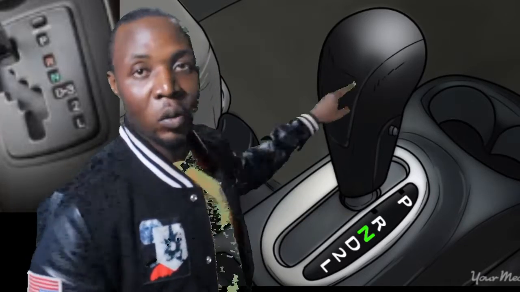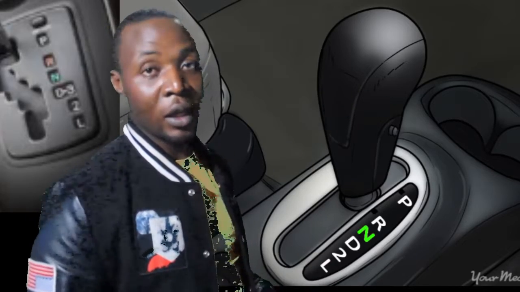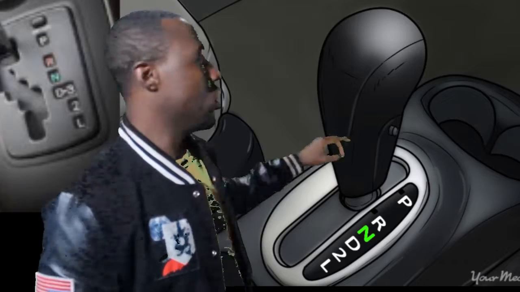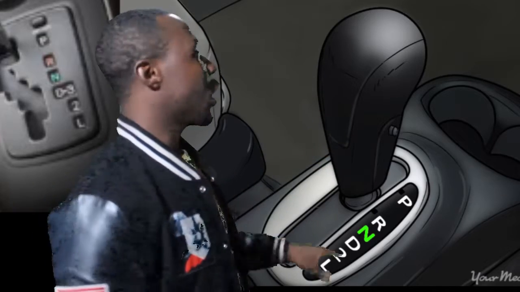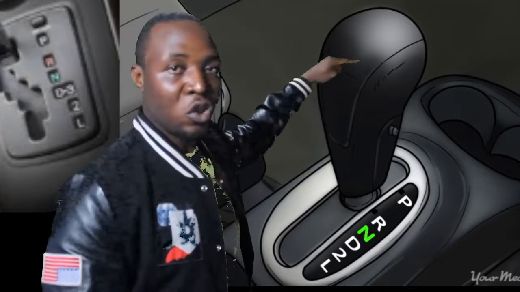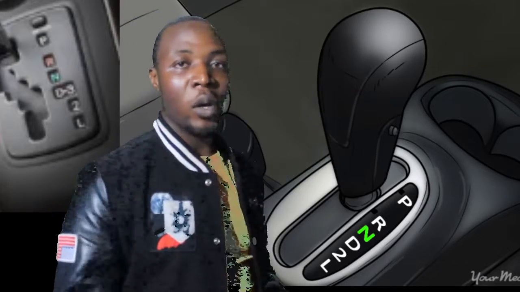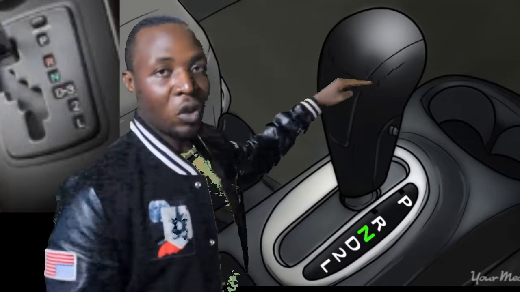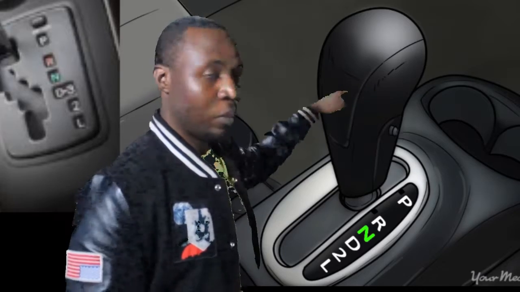And when parking, if the selector is not at P, you will not be able to remove the key from the key switch. So you should always make sure that when parking and when starting, the selector is at the position of P.